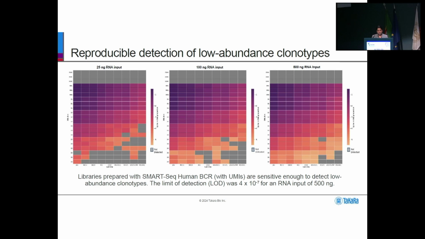These graphs are showing the sensitivity, and we see that at 500 nanogram, the limit of detection is 4 times 10 to the power minus 7, and this is with 500 nanogram input and 15 million reads. I believe if we increase the input or increase the sequencing depth, we can reach a 1 in 1 billion limit of detection.